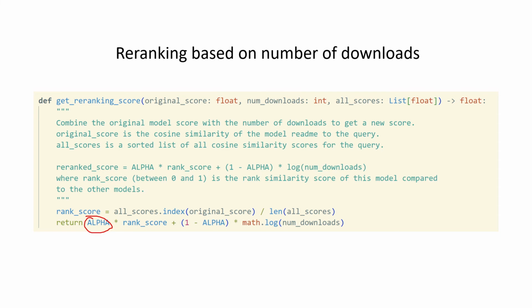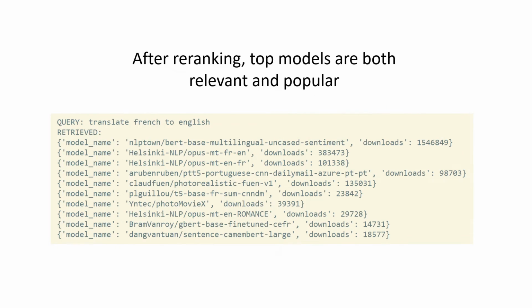After the re-ranking, we find that the top models that are retrieved tend to be more popular, and models that are very low popularity tend to not show up unless there is nothing that matches that's higher popularity. But if we prioritize popularity too much, then we just get a list of the 10 most popular models, so we have to strike a balance between the two.